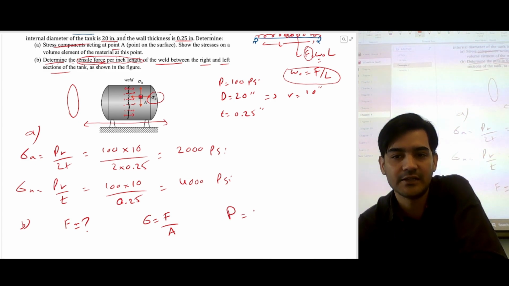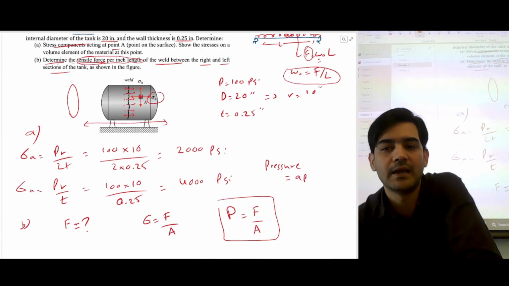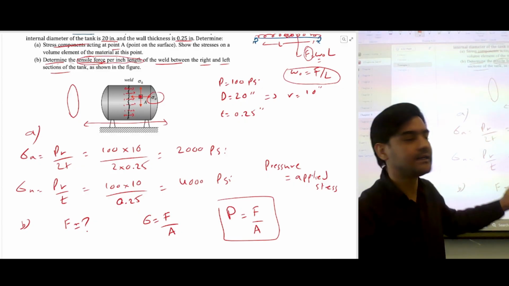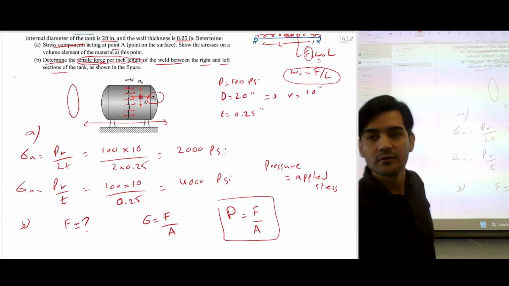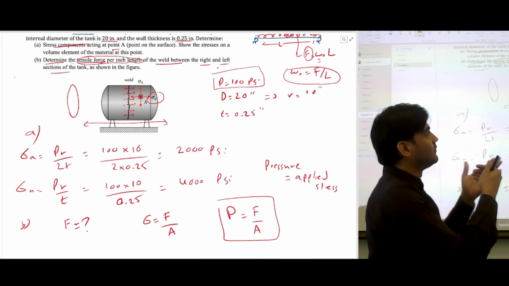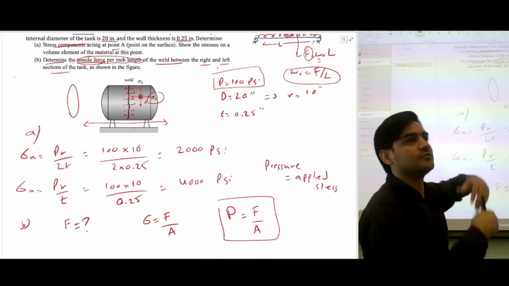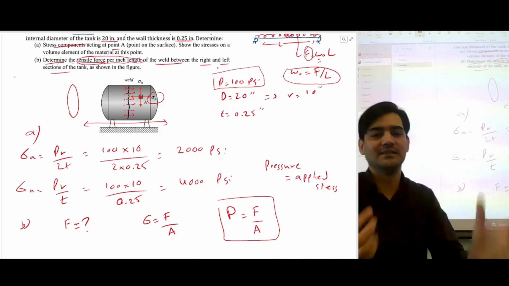Pressure is force per unit area, so pressure is equal to applied stress. The unit of pressure is psi, and the unit of stress is also psi, right? So pressure is basically stress.